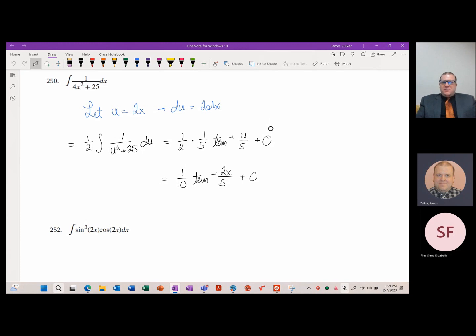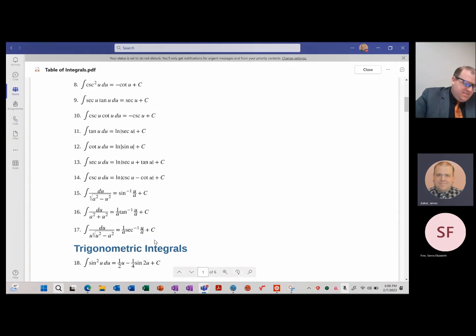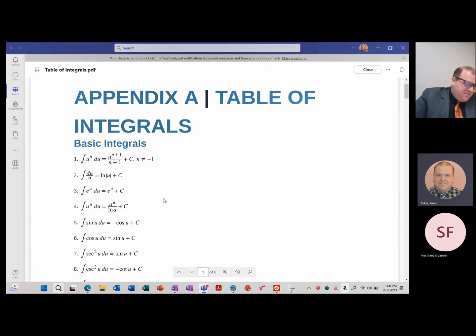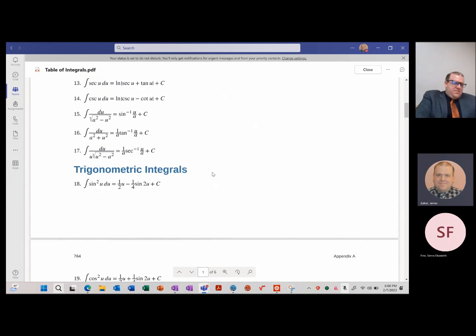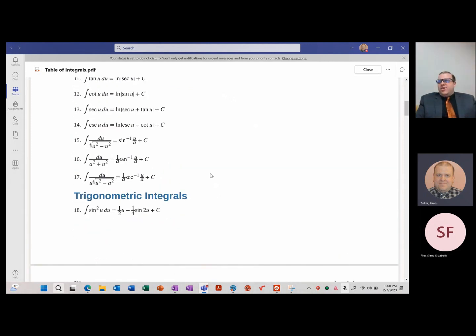Sine cubed 2x times cosine 2x dx. It's definitely not a basic. It's a trigonometric. All right, so let's look through here. Let's see if we can find anything.